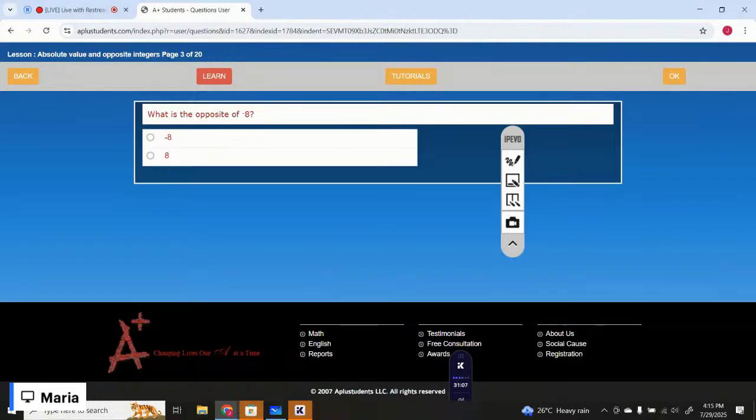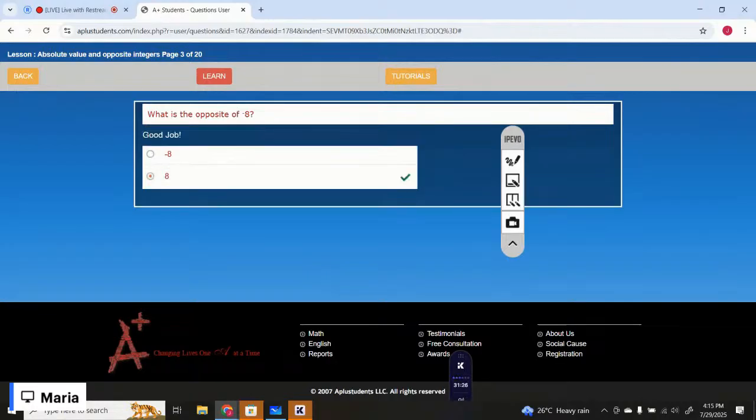What is the opposite of negative 8? Opposite of negative 8 is 8. Option number 2 is the correct option.